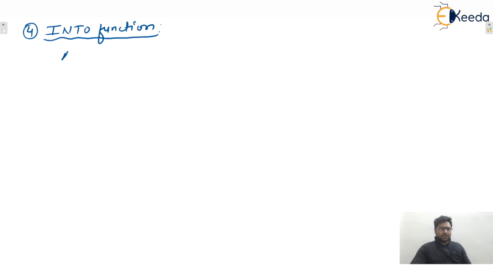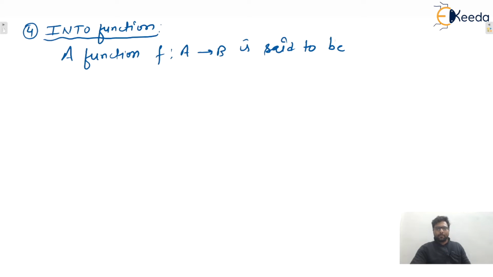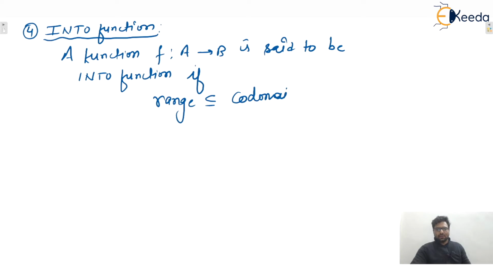So here a function f from set A to set B is said to be into function if range is a subset of codomain, isn't it? Let us consider one example, after that it will be clear to you guys.